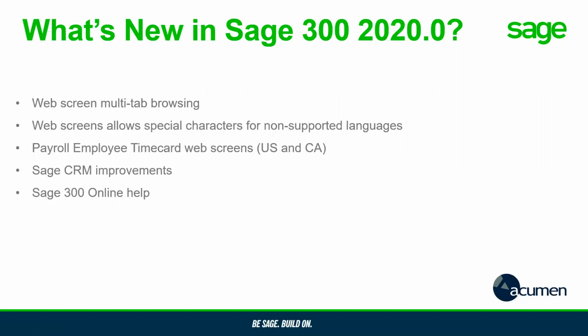They have now finally finished the payroll employee time card web screen for both the US and Canada, which is quite nice because a lot of people had to have employees log into Sage 300 and get to the desktop to enter a time card. Now we can expose a web screen to do that where they can log in, enter their time, and just log out.